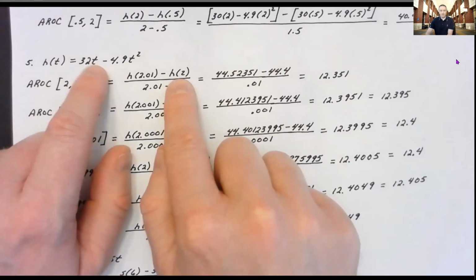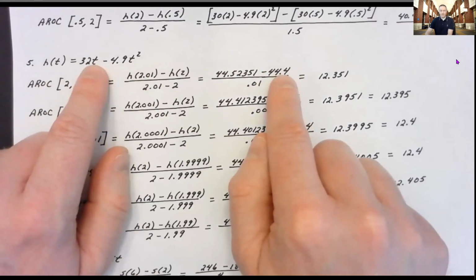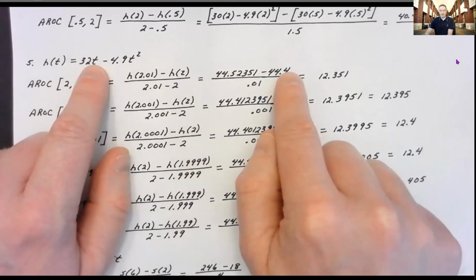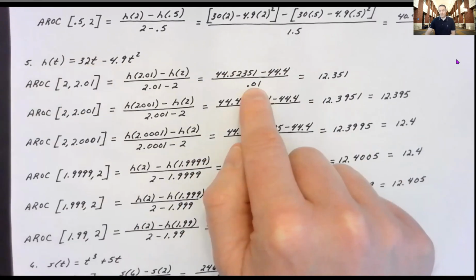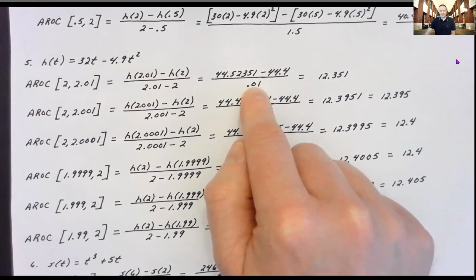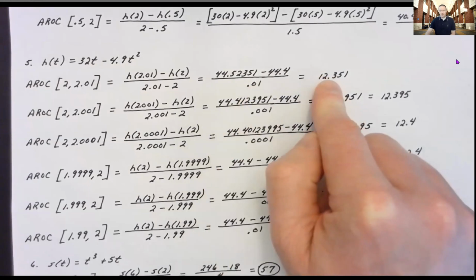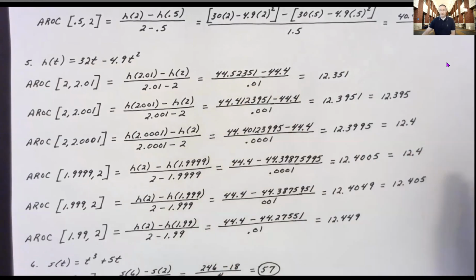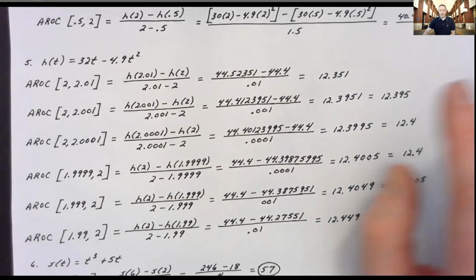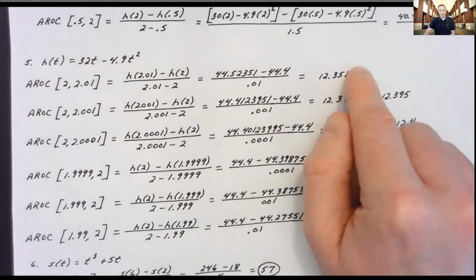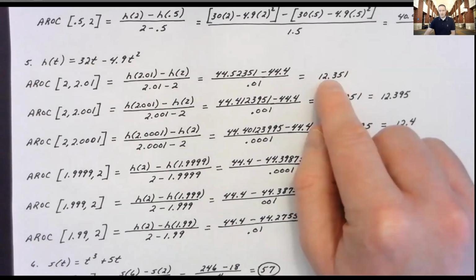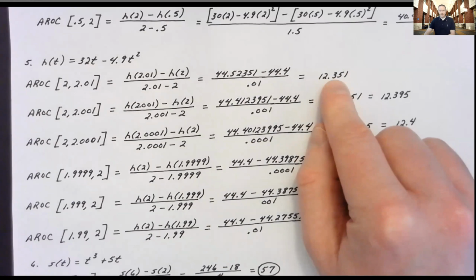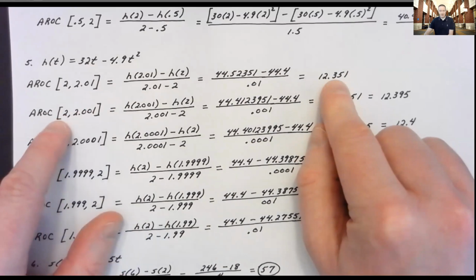Minus h of 2, you plug a 2 into that formula. My ending position minus beginning position divided by the time differential of only 1/100th of a second gives me an average rate of change, or in this case an average velocity, of 12.351. And again, we don't need to put the meters per second because it's already on the Achieve system.